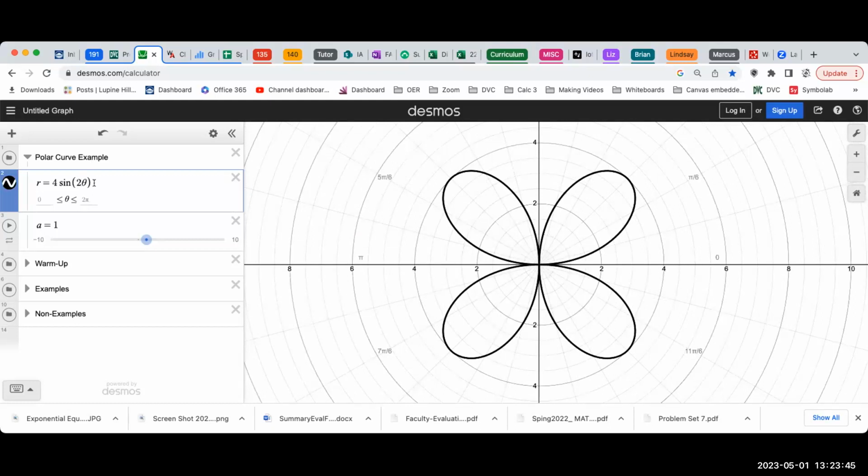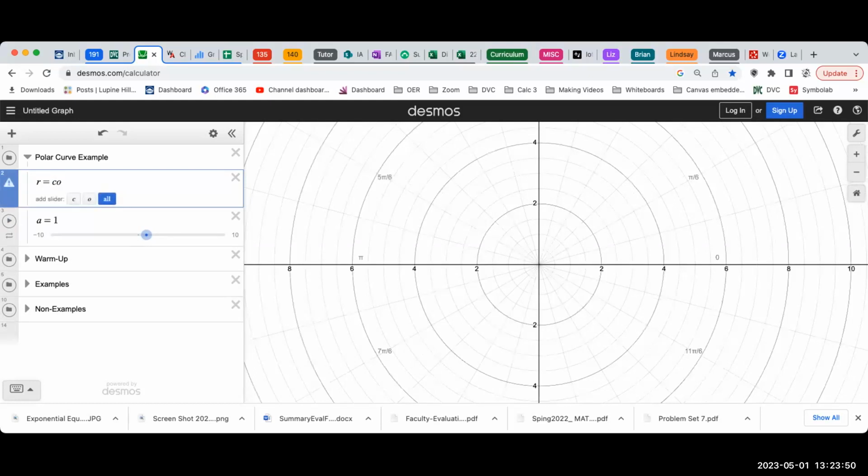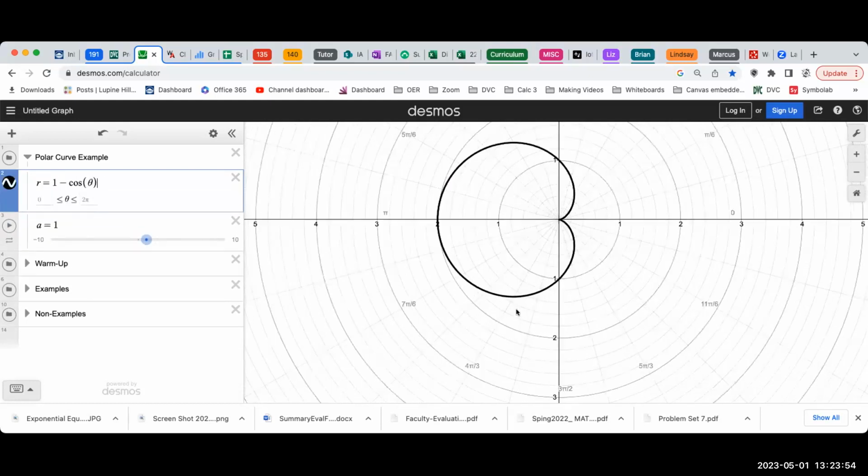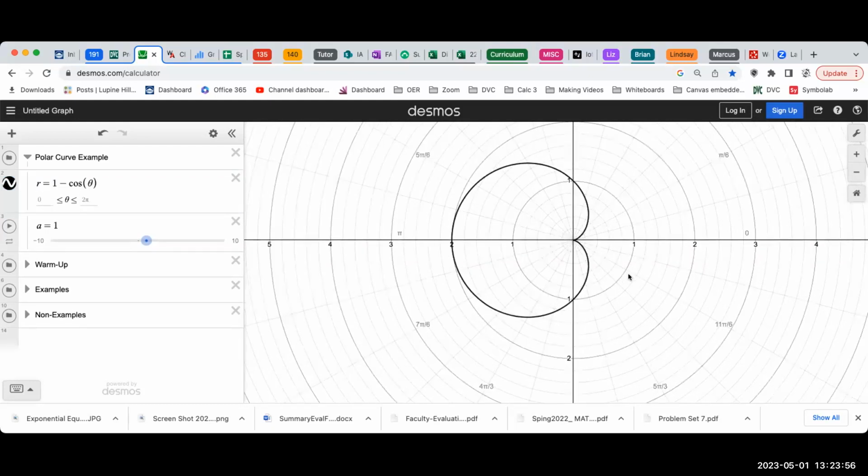Now let me go back to the first one, 1 minus cosine theta. So you probably started with a point right here, right? And then that point moved like this. So the point was going like that.